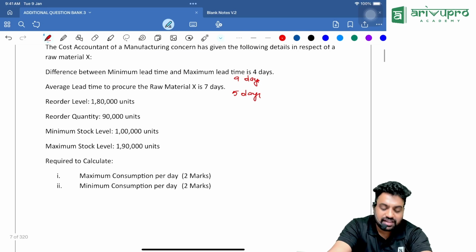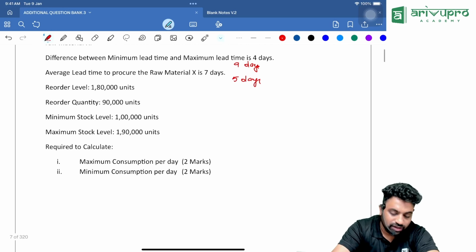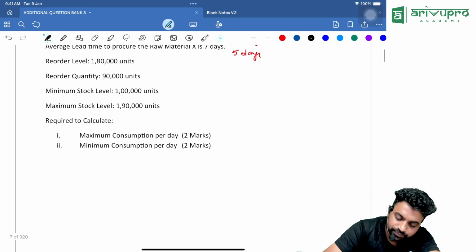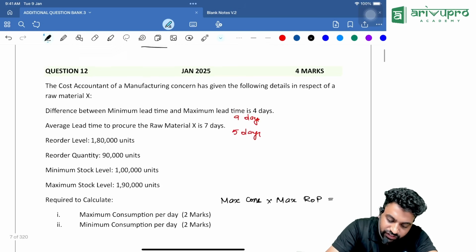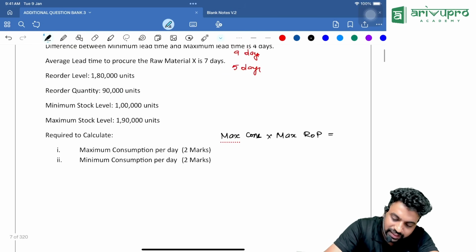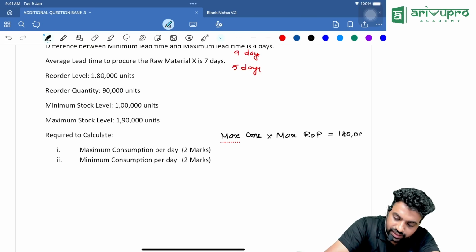Now my question: for maximum consumption, which formula will we use? The only formula we will use is reorder level. Is there a reorder level already? So we can use that only. What is the reorder level formula? Maximum consumption into maximum reorder period. That is giving you the answer of reorder level, which is basically 1,80,000.